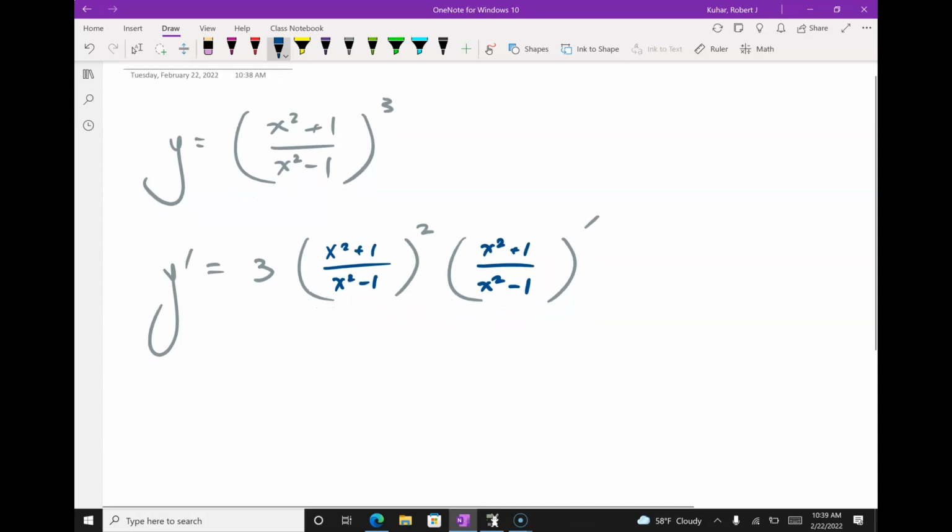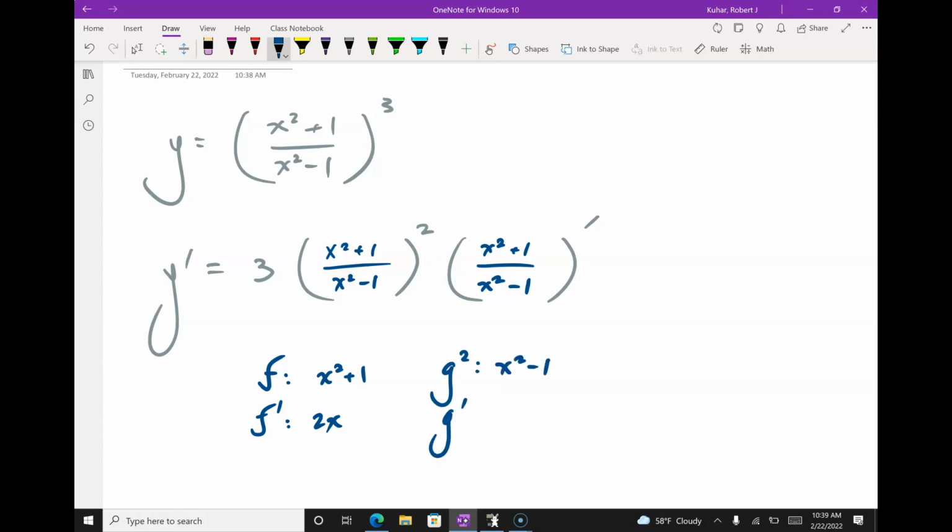So the quotient rule part, I'm going to work on with my loop. Upstairs function is x squared plus 1, derivative 2x. Downstairs function, x squared minus 1, derivative 2x, all divided by x squared minus 1 quantity squared, all divided by the downstairs function squared.